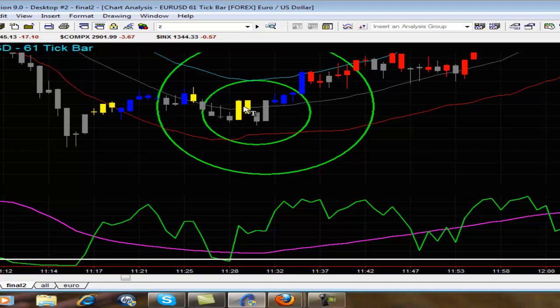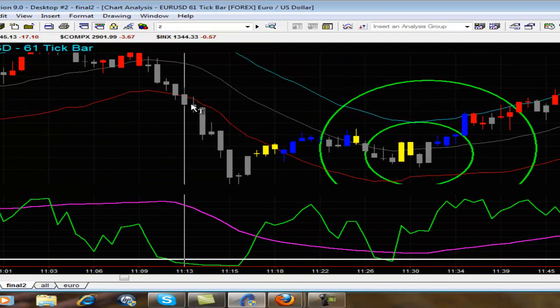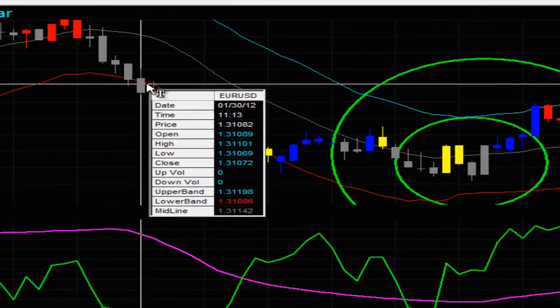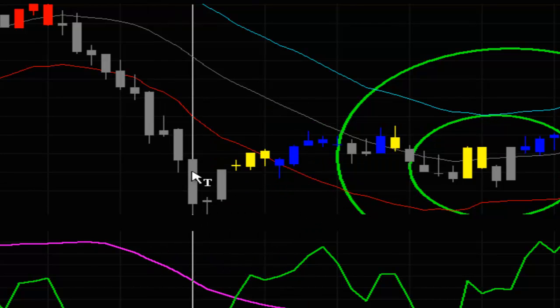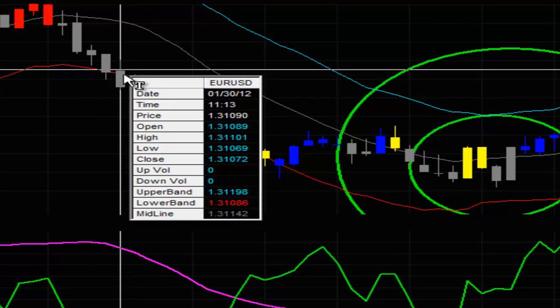In my book, it's a little risky. I like trades that have definitely breached down into here, and this is a good trade too. There's no test once it broke out of the Keltner channel. Once it's breaking through here, it just falls out completely. This is a good area that needs to be tested.